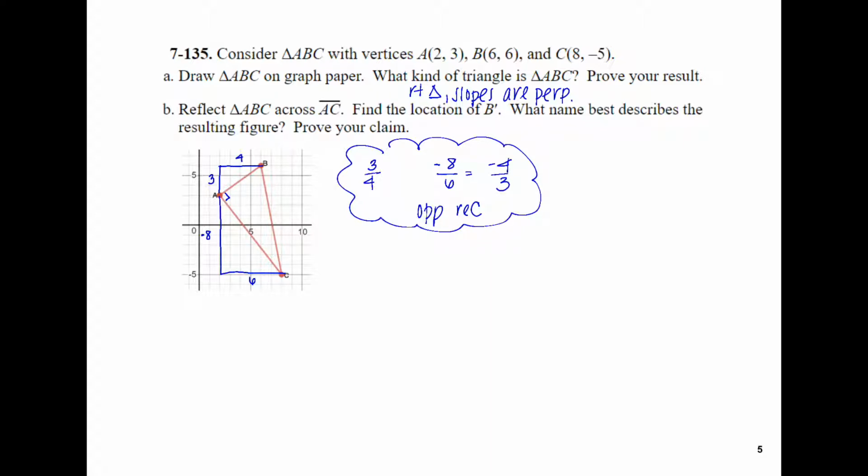Looking at B, it says reflect ABCD across line segment AC. So when you reflect across, you could go inverse of what your slope was, down 3 over 4, and you could get your B prime, which is what they asked us for. So B prime is the ordered pair -2, 0.